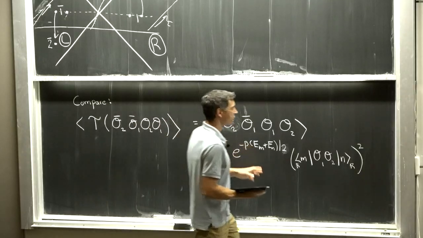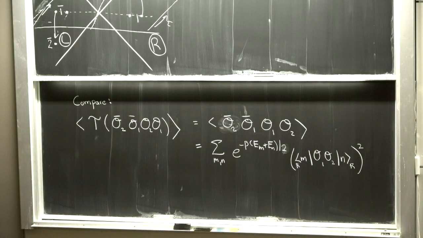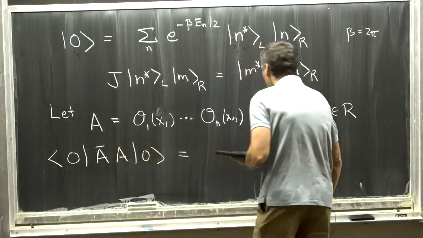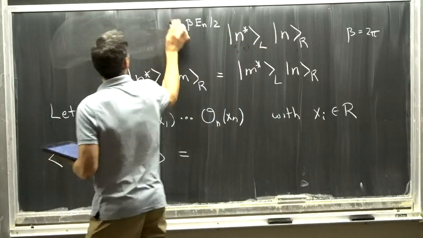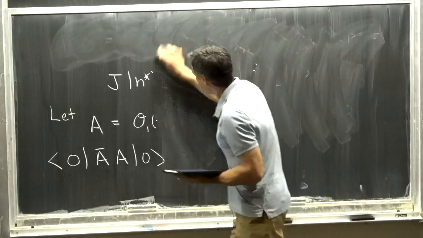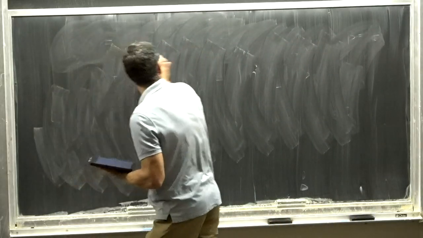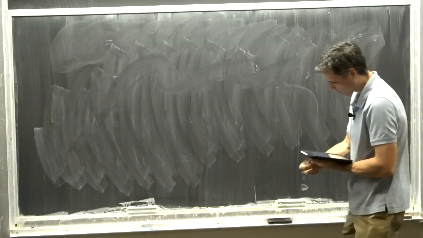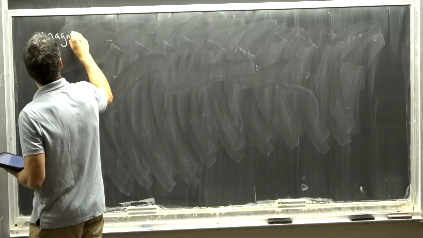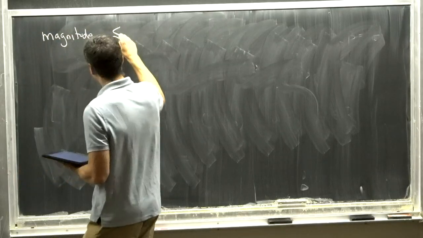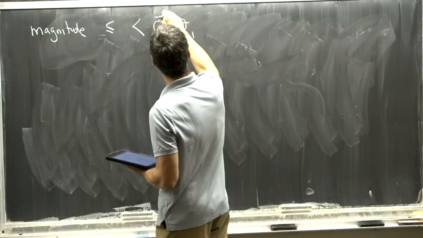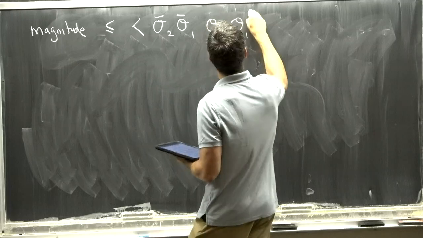Now, well, first of all, this means that the magnitude of this is always bounded above by the one that was positive, O2 bar, O1 bar, O2, O1.